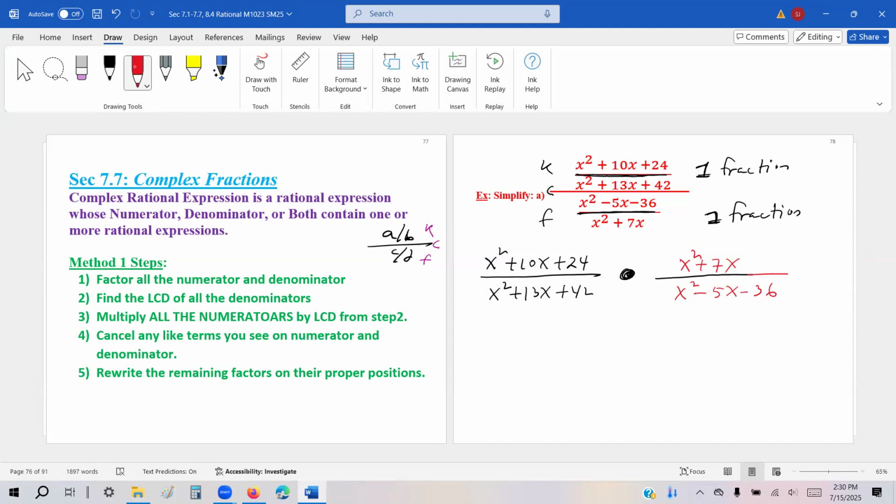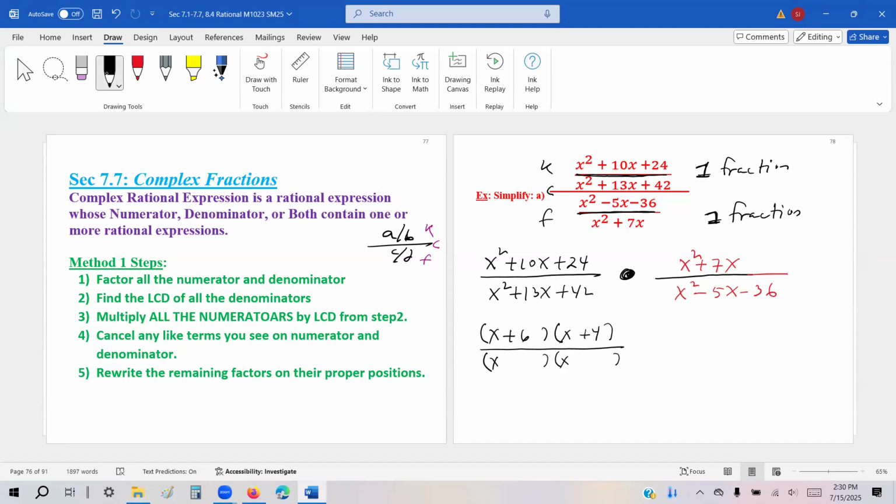The first step is factor. So let's factor. Who can tell me the first one, the top right? No, the top left. Plus 6 plus 4.